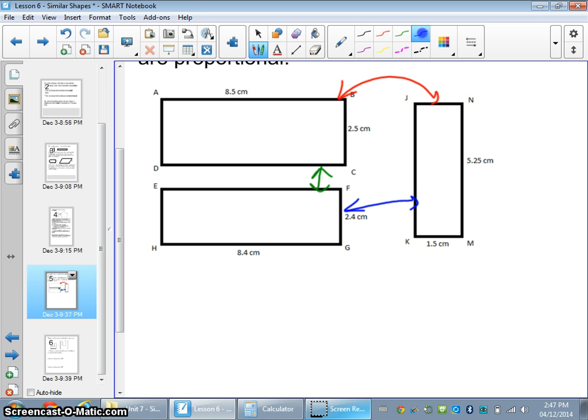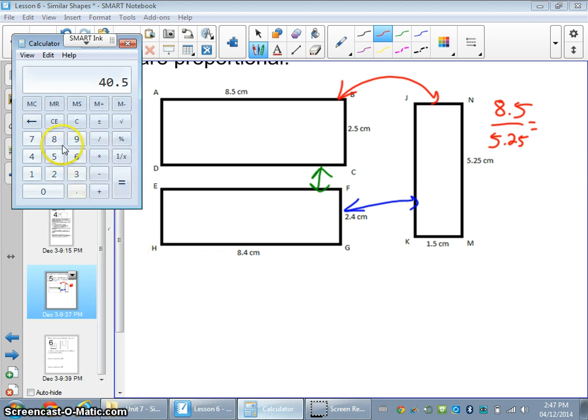All right, so let's do the red one first. Like I said, I always like having the bigger number on top of the fraction. So compare the length here to the length here and see what we get. Okay, so we have 8.5 as the length on top and 5.25 as the length on the bottom. So here you calculate what that would give you. 8.5 divided by 5.25, and you get this number. So we'd say let's round it to 1.62.